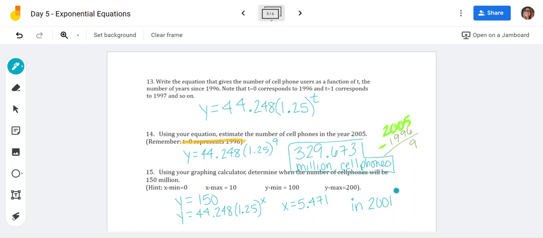If you wanted to round up and say 2002, just because it's almost like halfway through the year, you could do that. So basically we're adding 1996, and because it's a year, we're not going to leave it as 2001.471. That's just not how we write years.